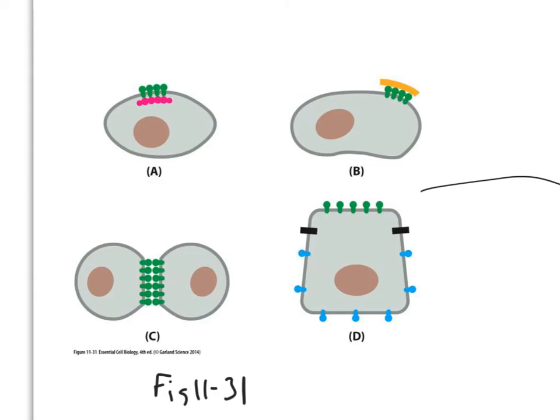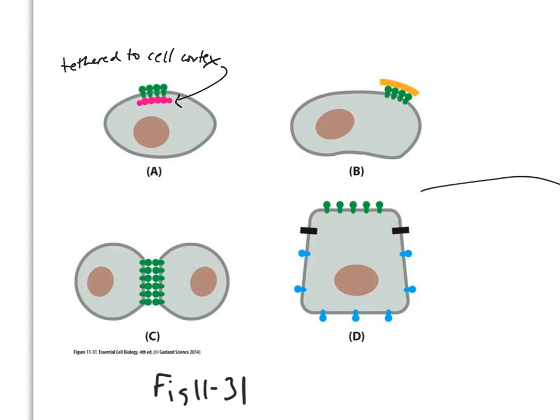In A, the protein, which is shown in pink, is tethered to the cell cortex. This means that it would be inside the cell.